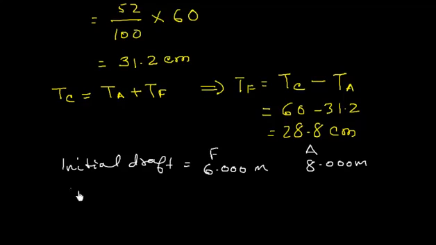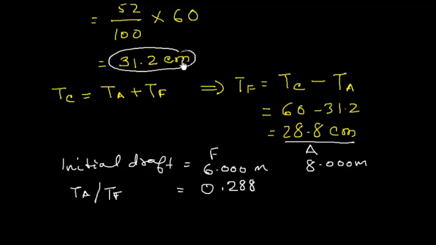Now change in the draft aft and change in the draft forward. So first let's write the forward one, which is 28.8 centimeter. So in meter it is going to be 0.288. Similarly, this aft one is going to be 31.2, so we can write 0.312 meter.